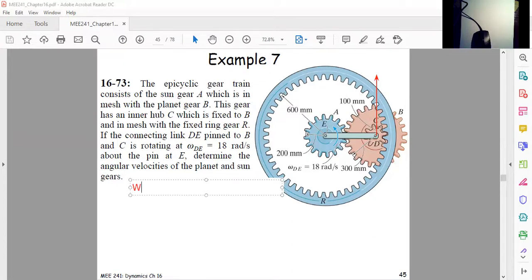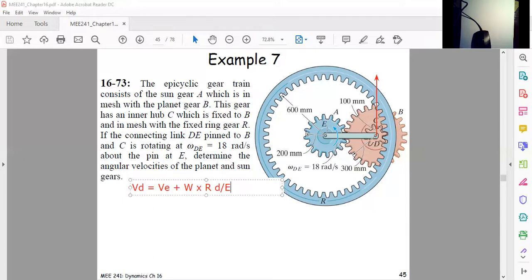The velocity of D is going to be equal to the velocity of E, plus omega cross RDE, the position of D with respect to E.